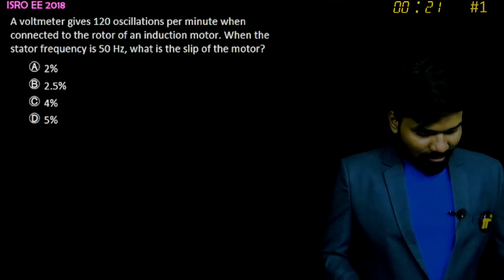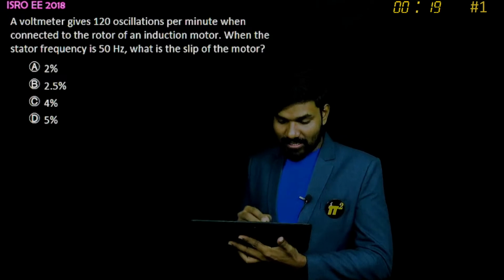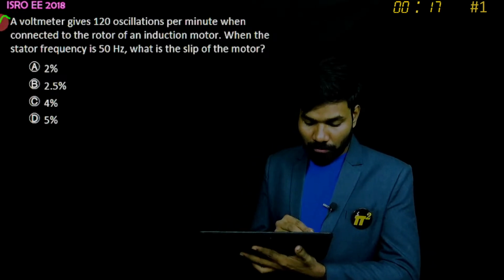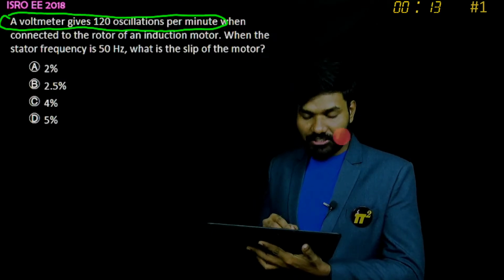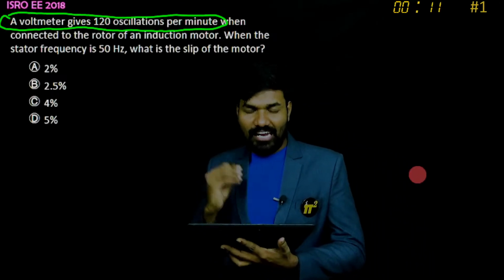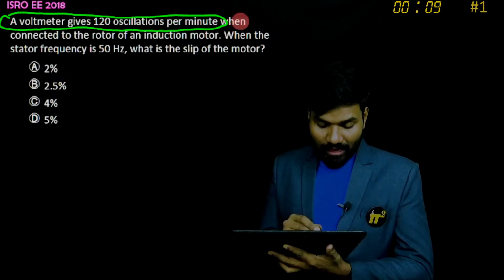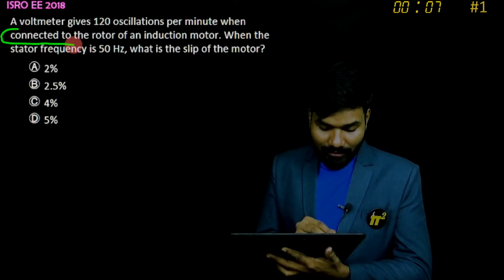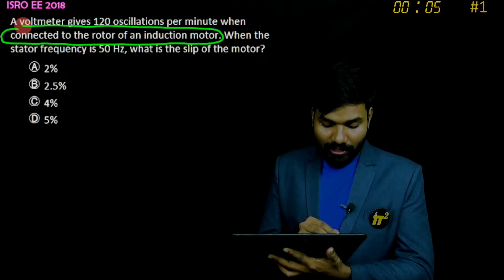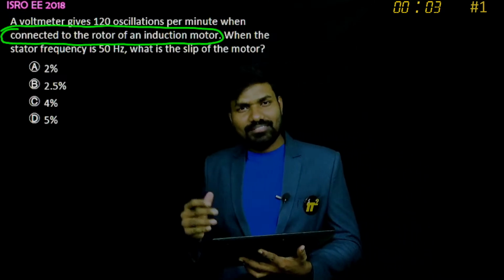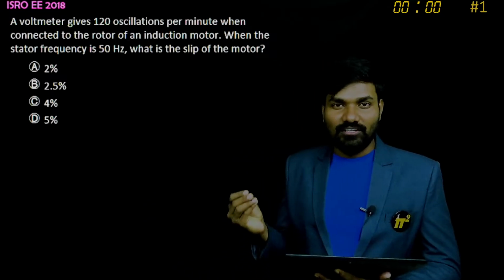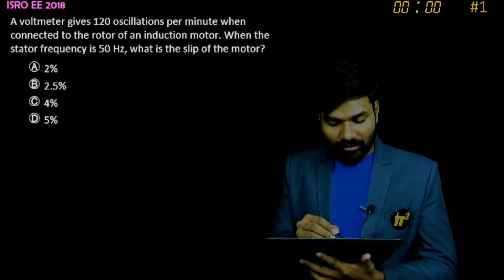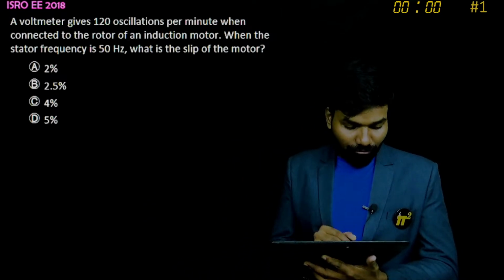What is given? The voltmeter is giving 120 oscillations per minute, and that voltmeter is connected to the rotor of an induction motor. Means it must be a slip ring induction motor, that's why you have access to the rotor terminals.